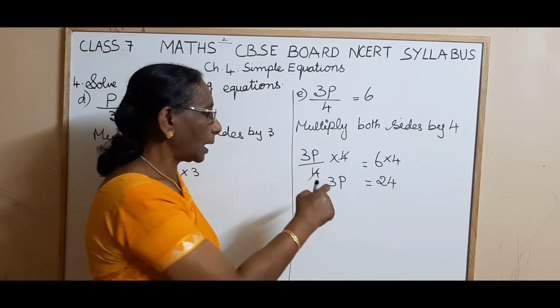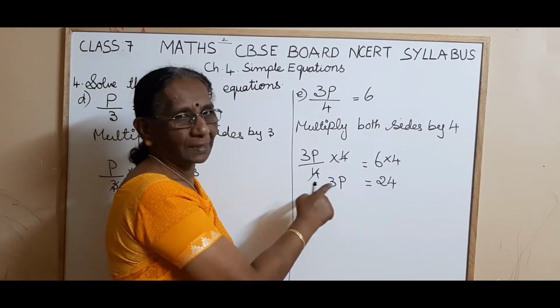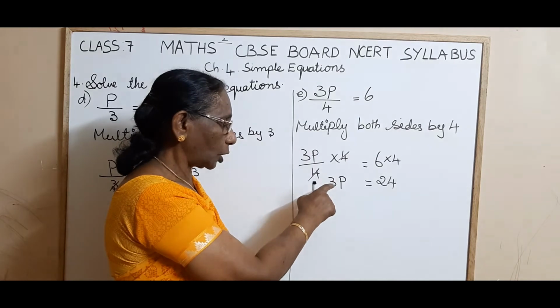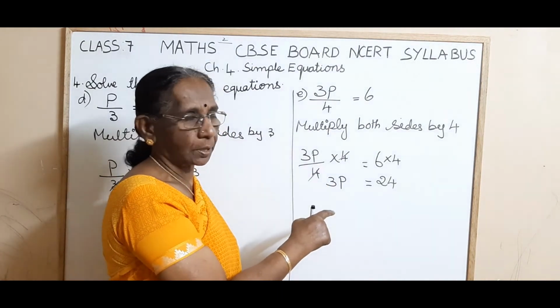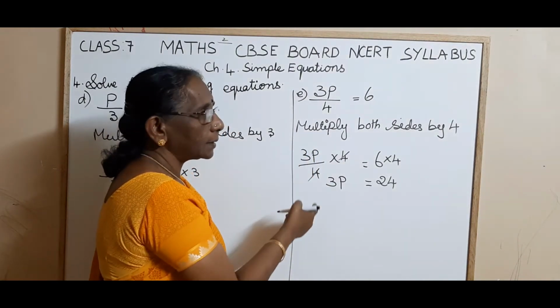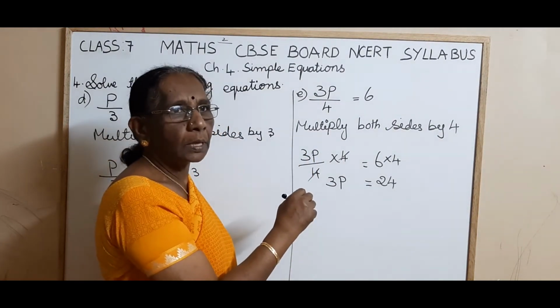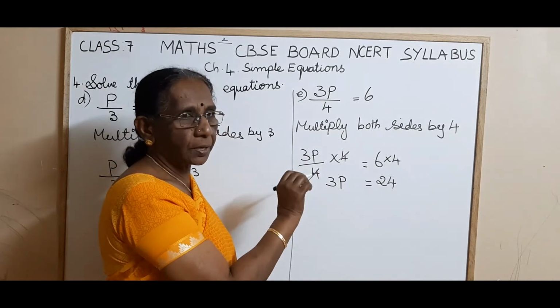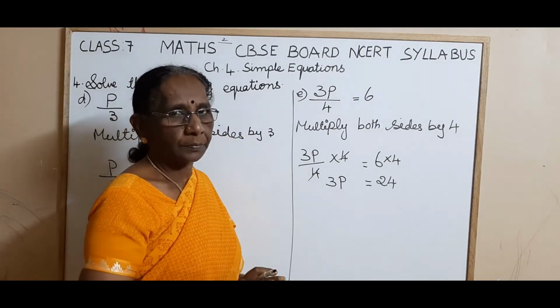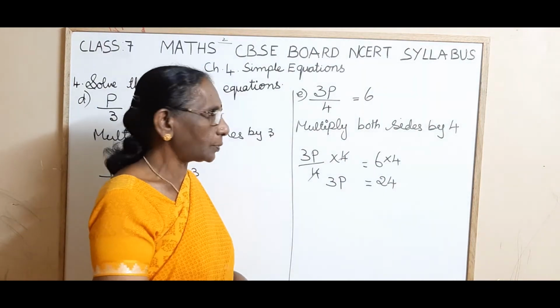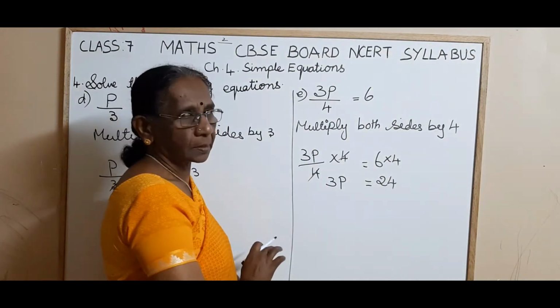Now here 3p means 3 into p, multiplication. To eliminate 3, we have to apply the division operation. Children, instead of writing the step, we can do this operation straight away, because in the question it is not asked to write the steps. If it is asked, you can write all these steps.